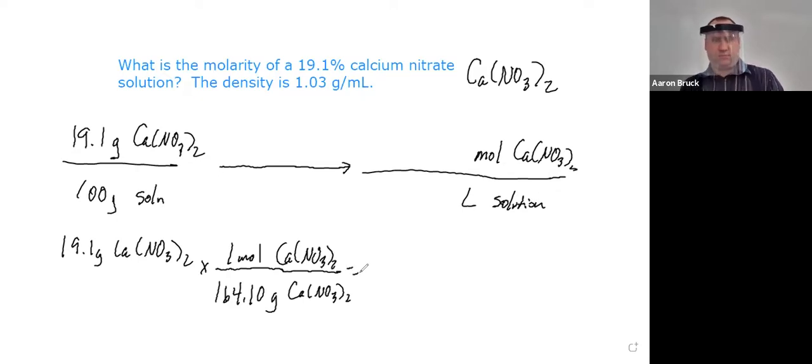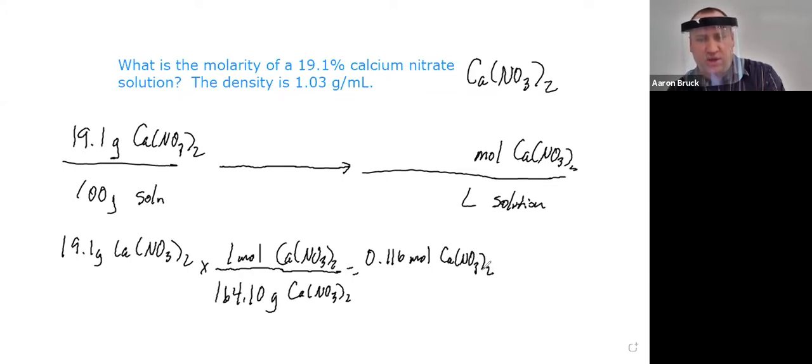So if I do 19.1 divided by 164.1, to 3 sig figs, it's 0.116 moles of calcium nitrate. So that number of moles is going to go into the numerator of this fraction.